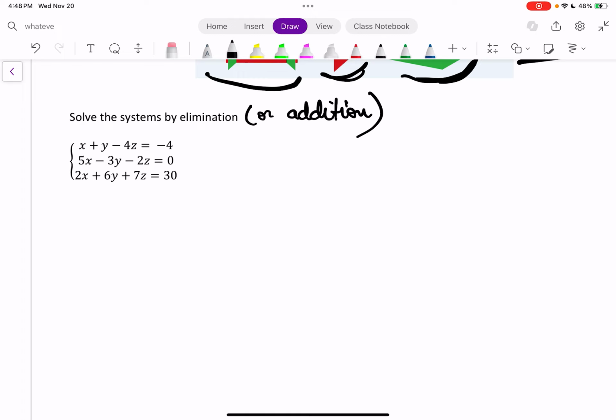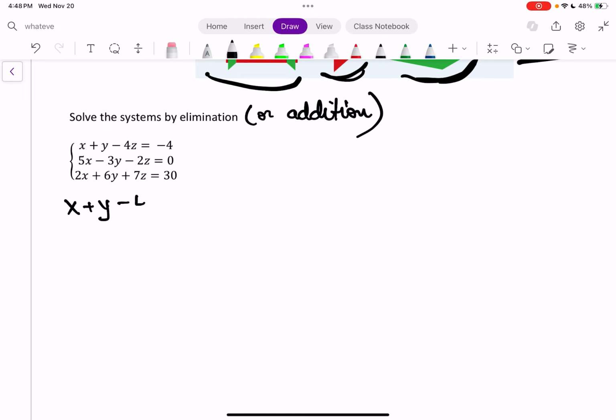So let me show you what we do. What we're going to have to do is try and get this 3x3 system down to a 2x2. So just two equations and two variables, which we then know how to solve because we have just covered section 8.1. Okay. So organized, this is what I will do.